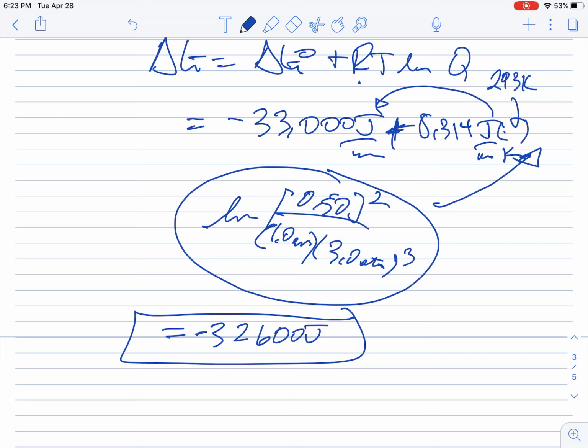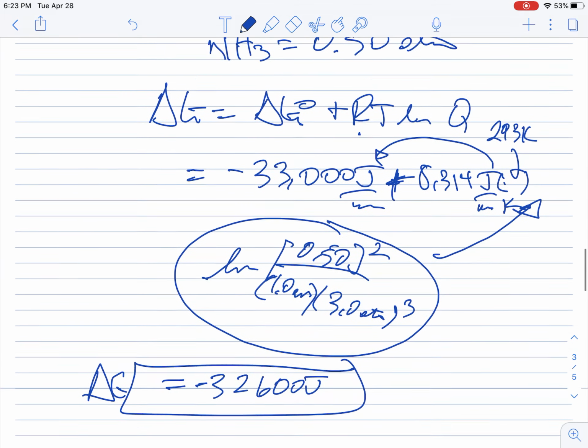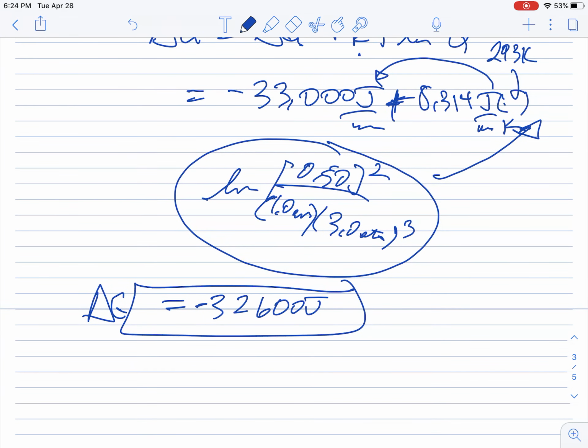Because this delta G is negative, under these pressures the reaction is going to be spontaneous, and the forward reaction is favored because you've got a negative delta G.